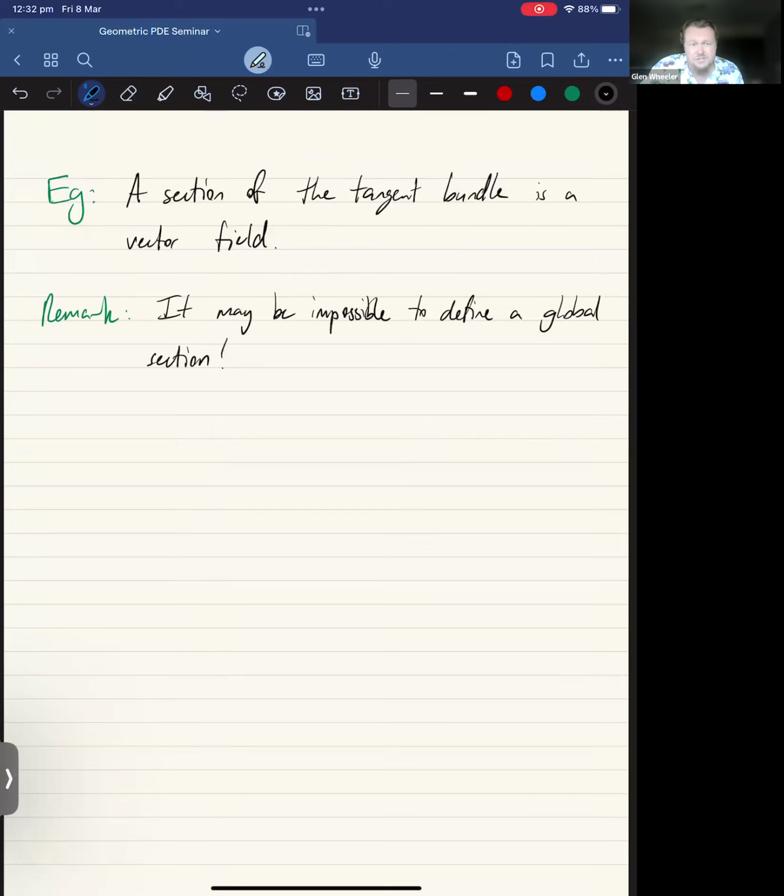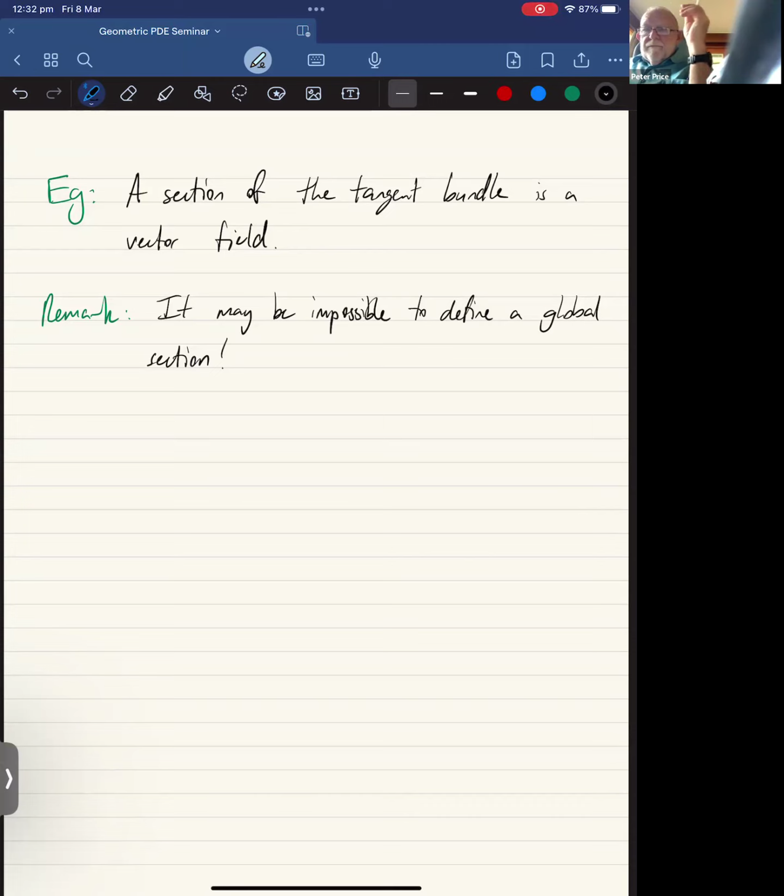So for example, on S2, I could just assign the zero vector field. Yes, that is possible. That's a global section, but it may not always be possible to define a global section. In fact, there's a proposition that we're going to cover later on that says a principal G bundle admits a global section if and only if it's trivial.